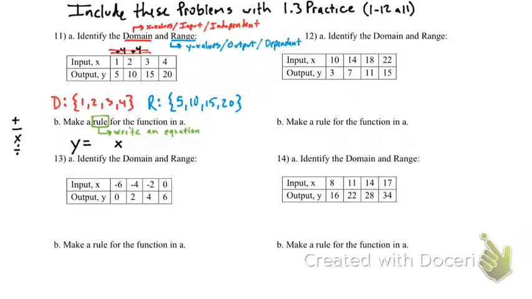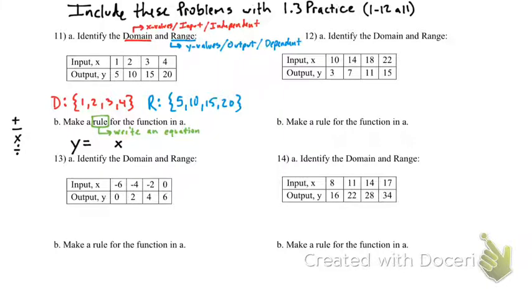So that means I gotta create another rule. So using my tools over here for writing rules, I need to figure out what can I add, subtract, multiply, or divide this guy by to get 5, okay? So right off the bat, I know I'm probably not gonna subtract something because that doesn't make logical sense. So I can't subtract something. I'm gonna try multiplication here.